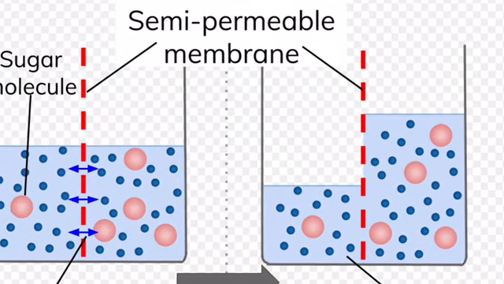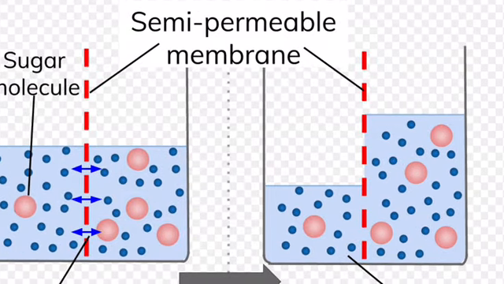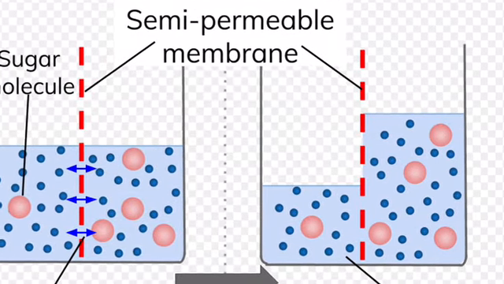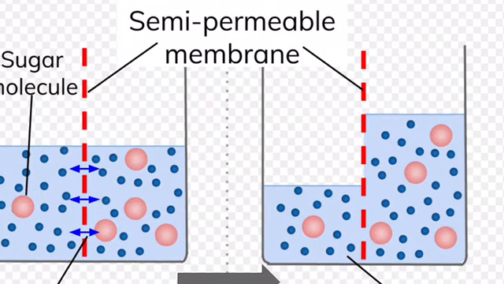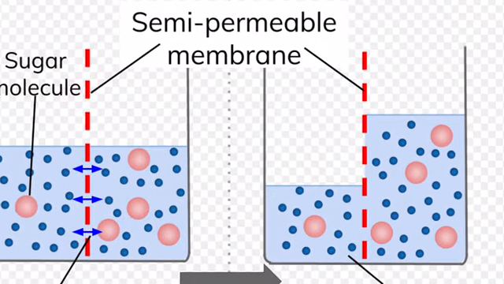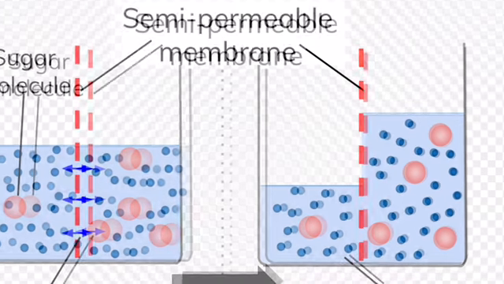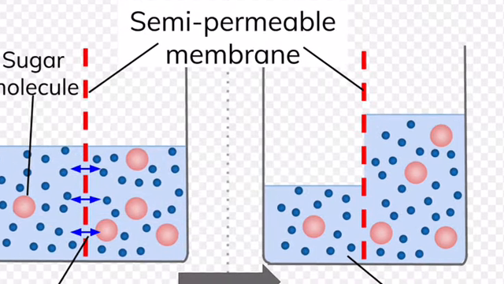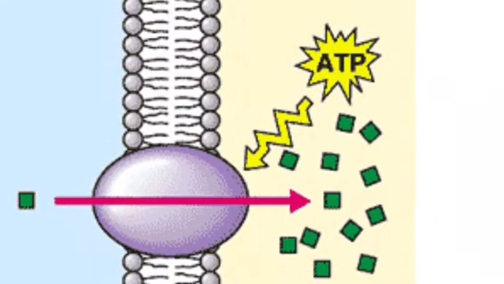And again, there is no energy required because these are all forms of passive transport, meaning that simple diffusion, facilitated diffusion, and osmosis are all forms of passive transport. They require no energy, and all of the molecules are moving from a high to low concentration.